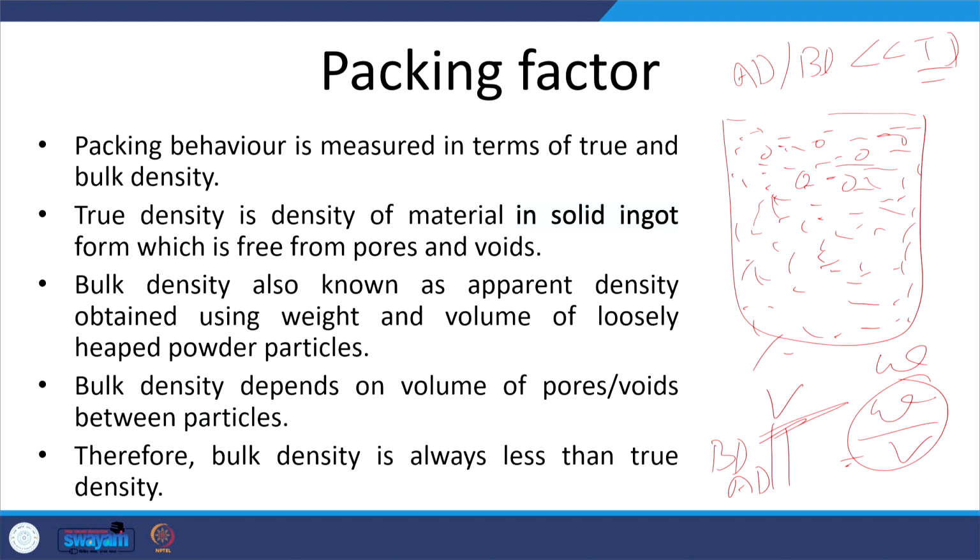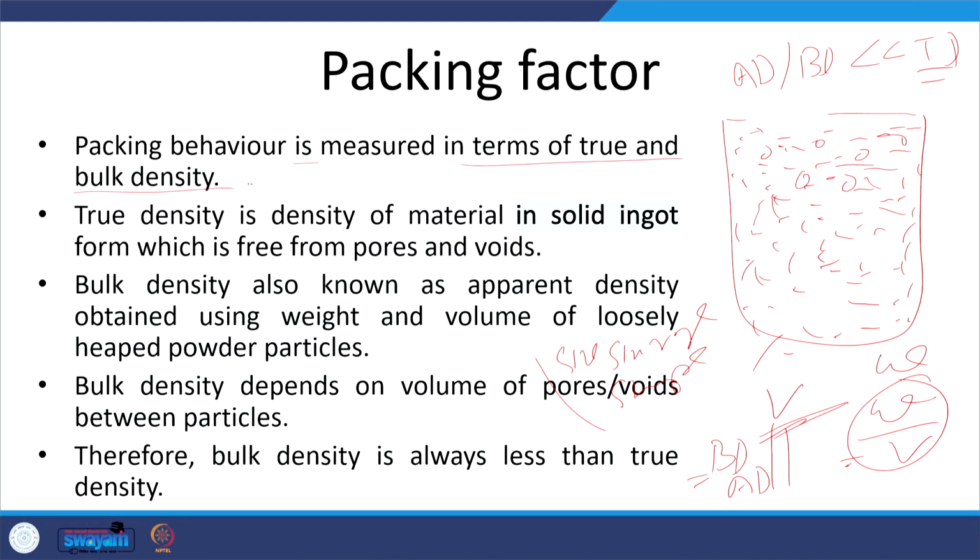The different characteristics of the powder affect the apparent density, like the size or size range, shape, interparticle friction, and smoothness. All these affect the presence of voids and porosity between the powder particles, and that in turn affects the apparent density.